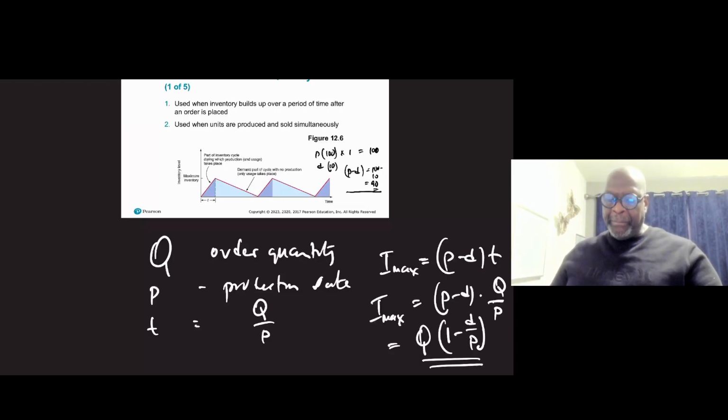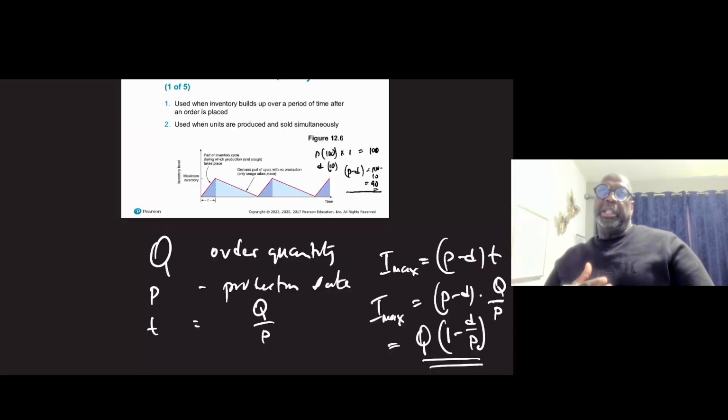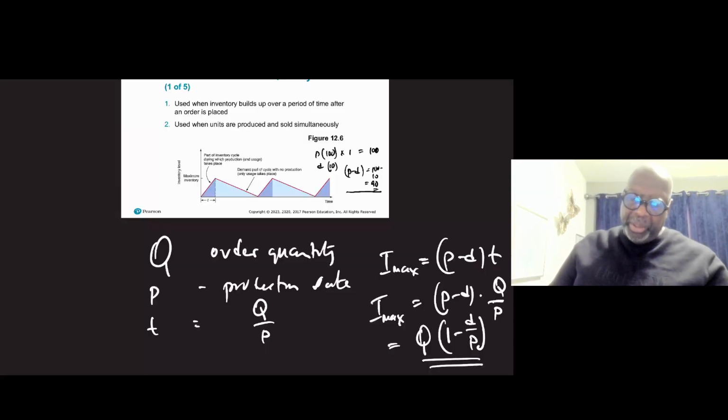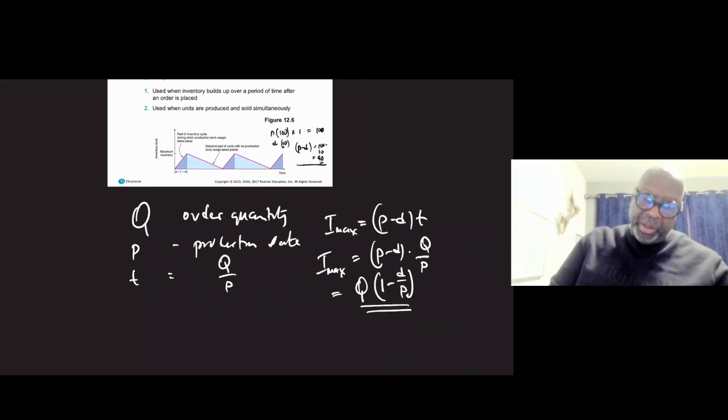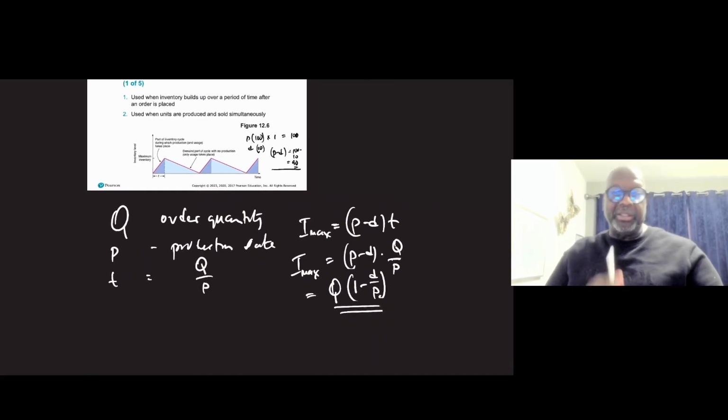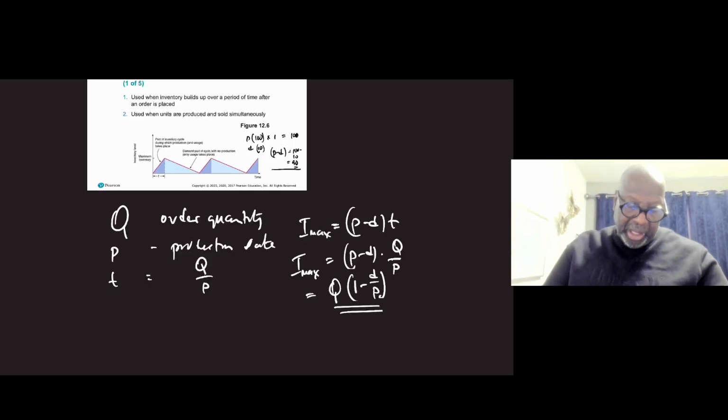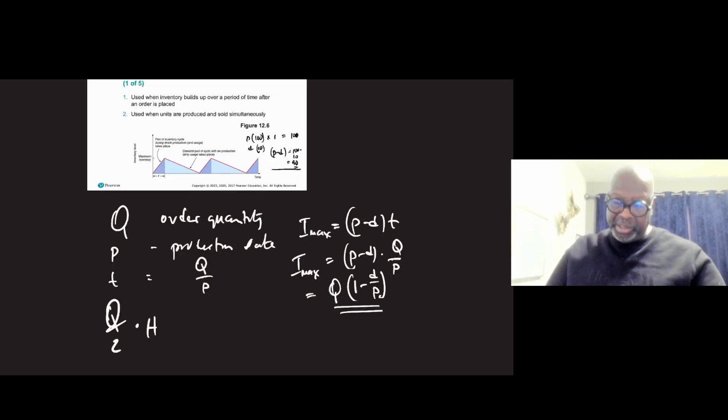All right? And then I could now use that Imax to calculate the inventory cost. Now remember, in an inventory management model, when we calculate an inventory cost, it is the cost on the average inventory. In the EOQ model, where we did not have simultaneous production and usage, our inventory cost was the average inventory, Q over 2, times the holding costs.